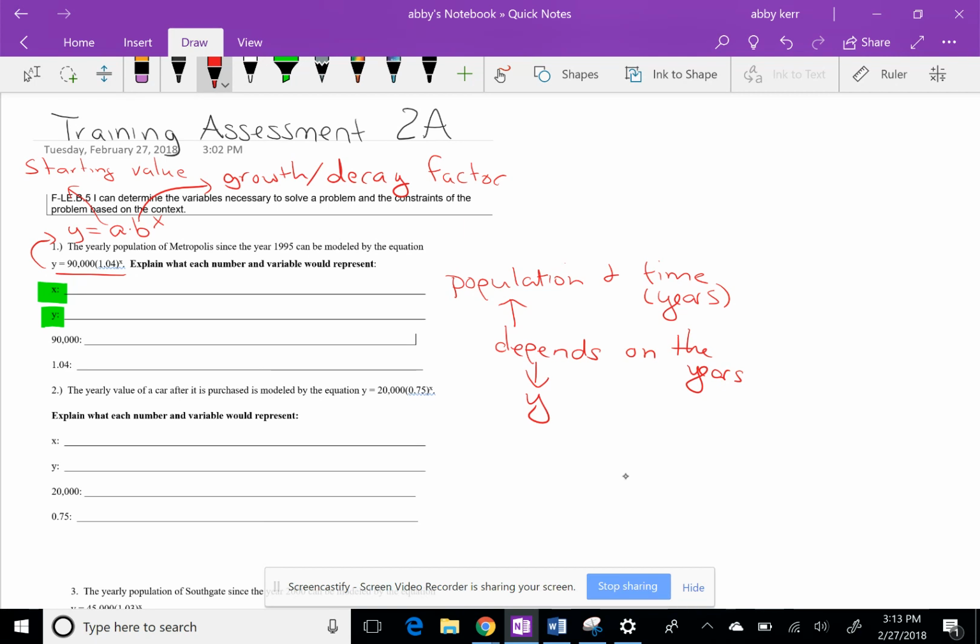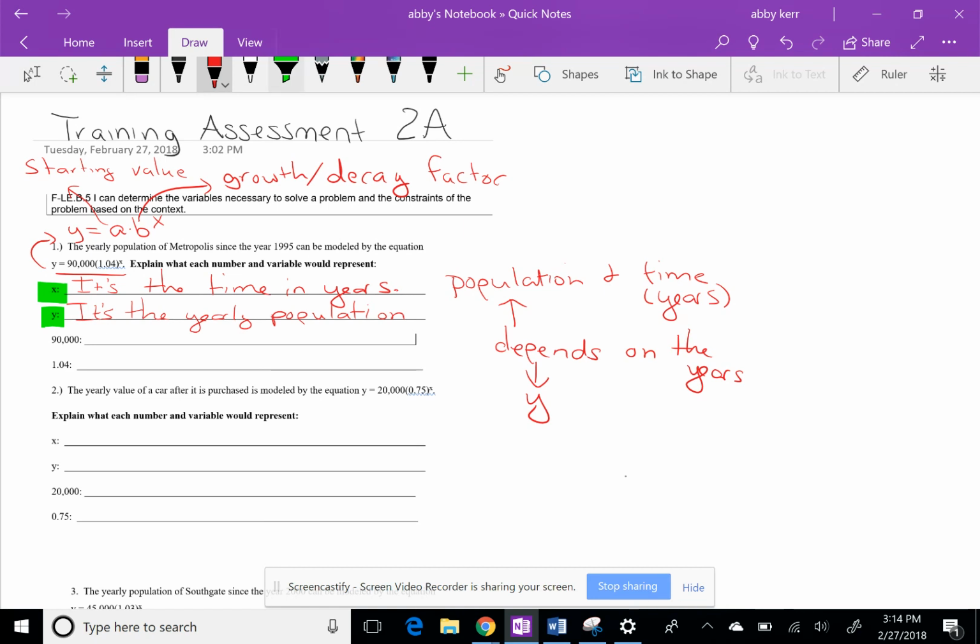So the y is our yearly population. And then our x value, which we have no control over, is our time. And you can be specific in saying that we're talking about in years.